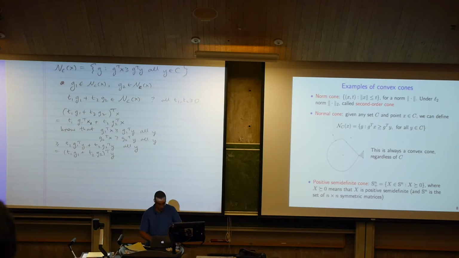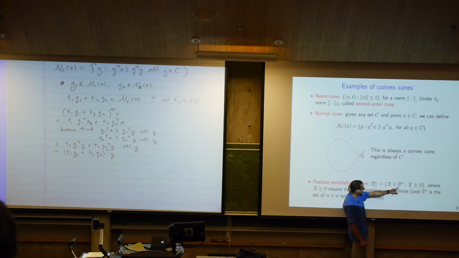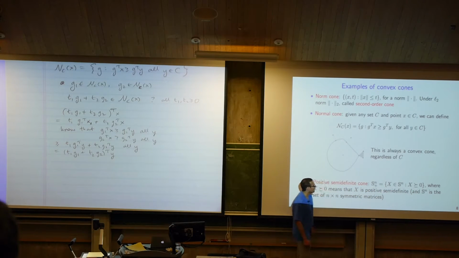The PSD cone, the positive semi-definite cone. This is another very important one. It turns out that if you think about the set of all matrices that are symmetric, this is my notation for a symmetric n by n matrix, and that are positive semi-definite, which means that all of their eigenvalues are non-negative, that's one definition of positive semi-definiteness, that forms a convex cone.